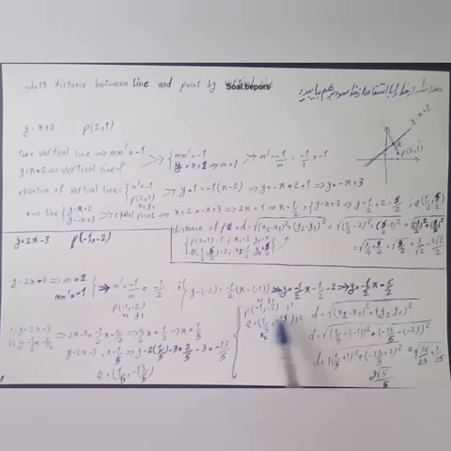For the distance between 2 points we use this equation and put x2 x1 y2 y1 in it, and by simplifying this equation at the final we get 3 square root of 5 divided by 5. So it is the same as the result of the last question.